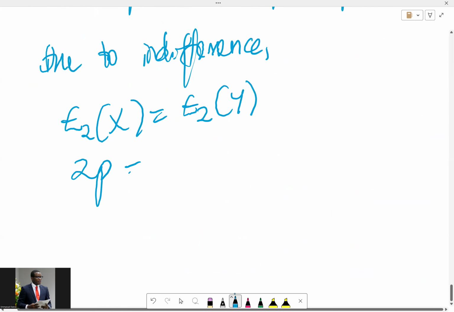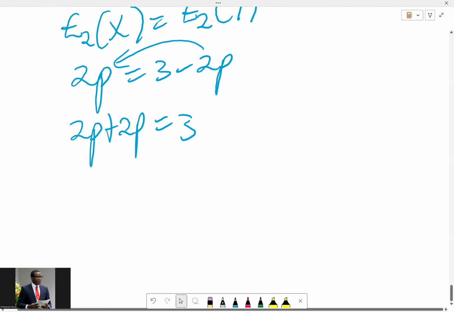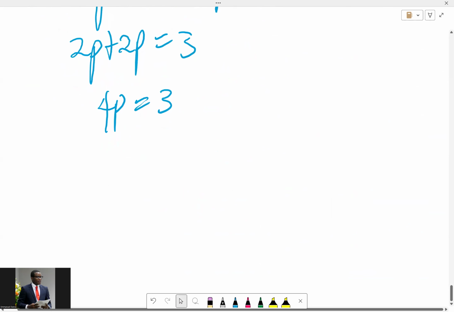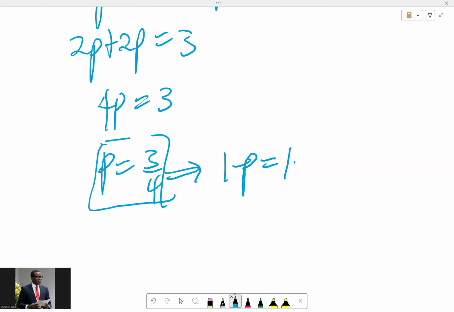So 2p plus 2p is equal to 3. And then we have 4p equals 3. So that tells us that p is equal to 3 over 4. And that implies that 1 minus p is equal to 1 minus 3 over 4, and that is simply 1 over 4.